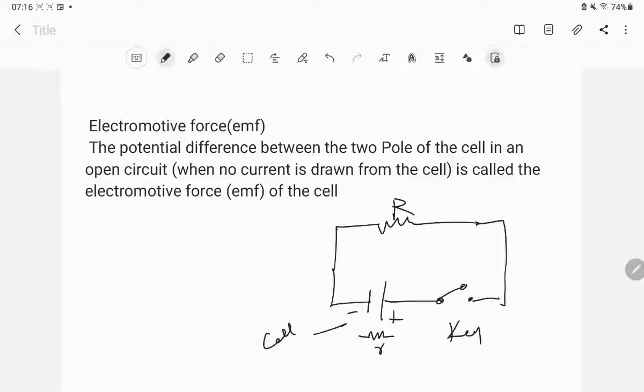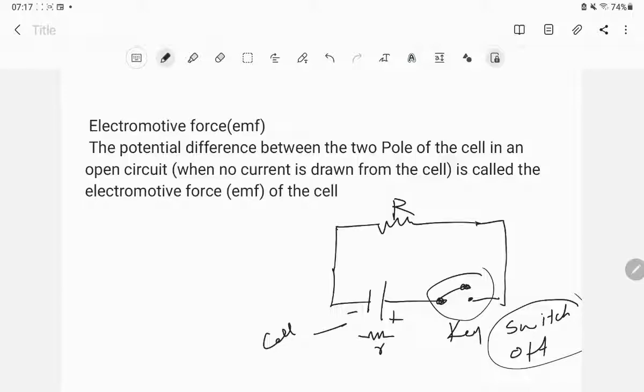This is the key. See, the potential difference between the two poles of the cell in an open circuit. In an open circuit means when this key is open, in switch off position.